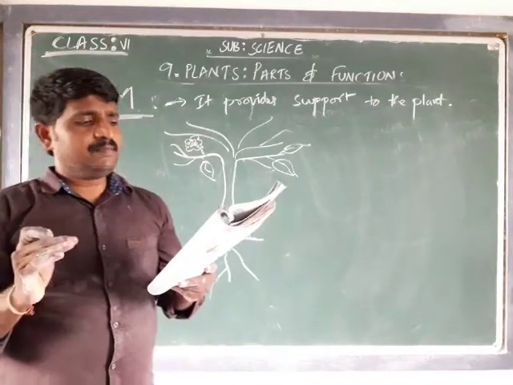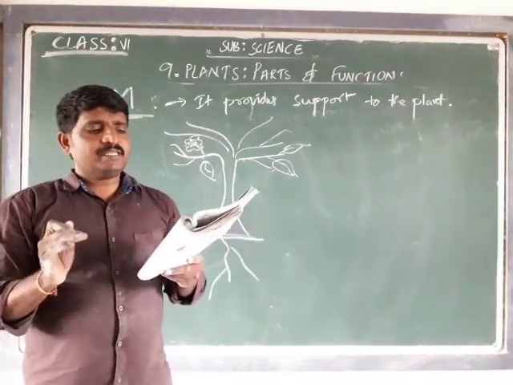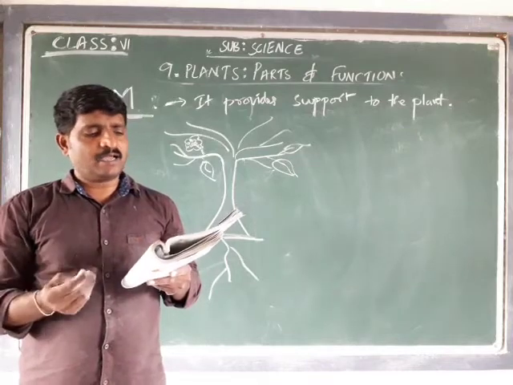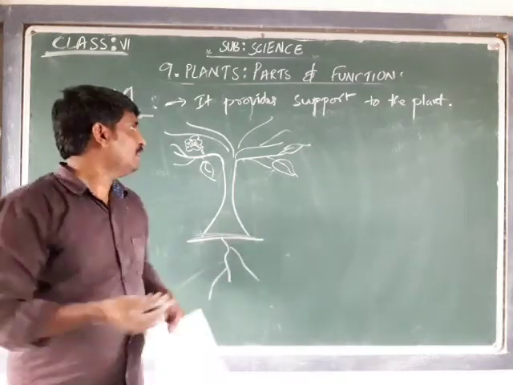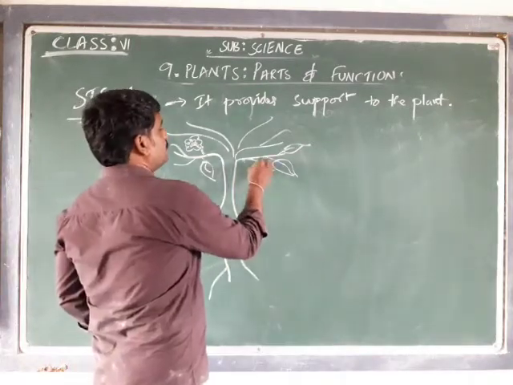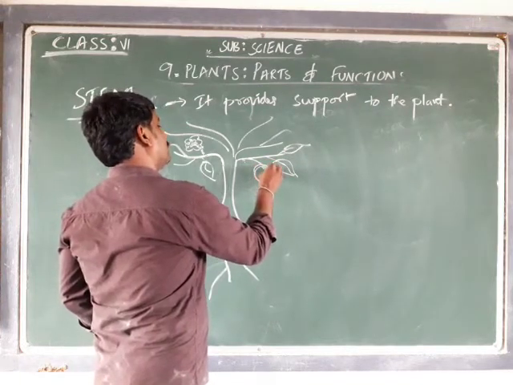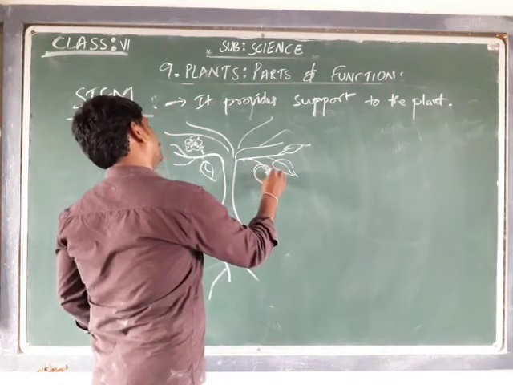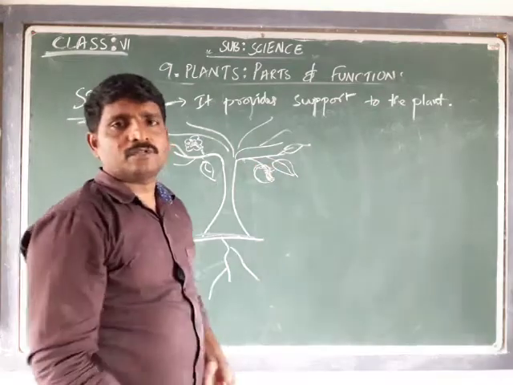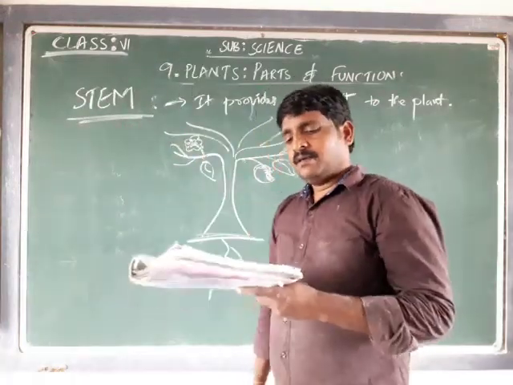That is, the stem branches into sub branches and bears leaves, flowers and fruits also. Some sub branches may have fruits also. Okay, this is the stem.